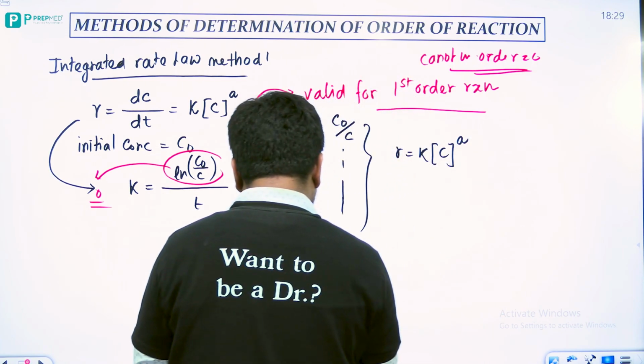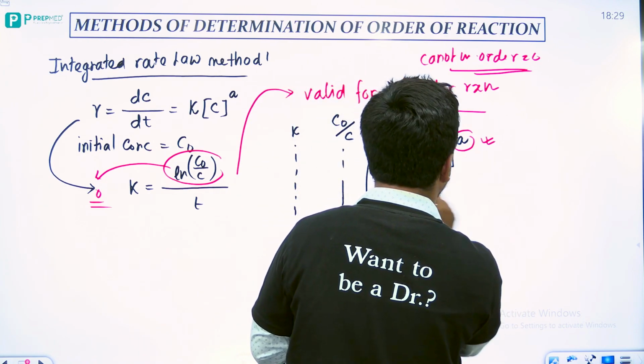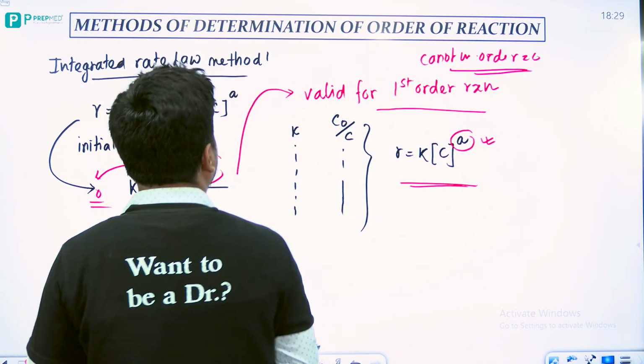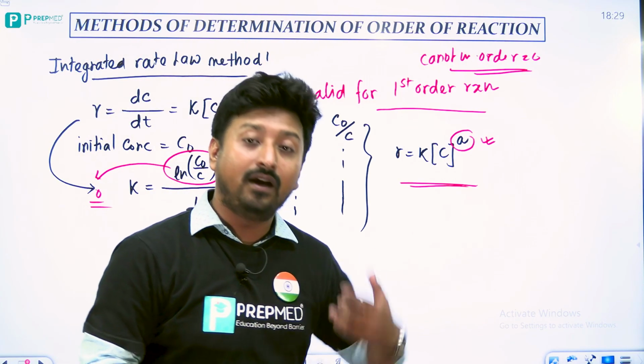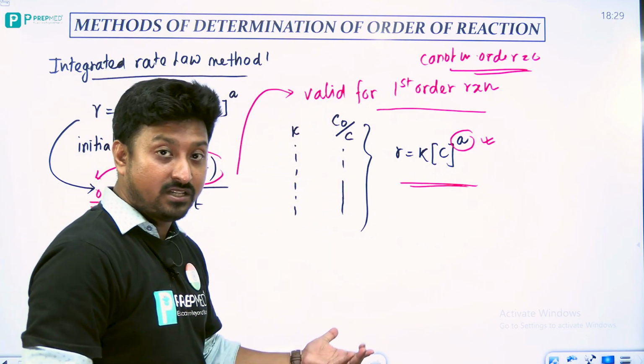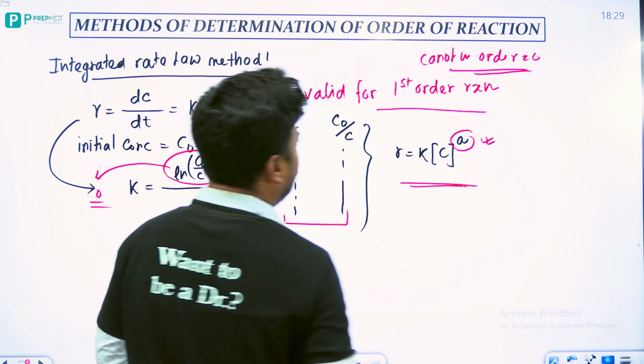So basically this is the complete core experimental technique to calculate the order of the reaction. Clear? This is very important, and this is only for the first order reaction.